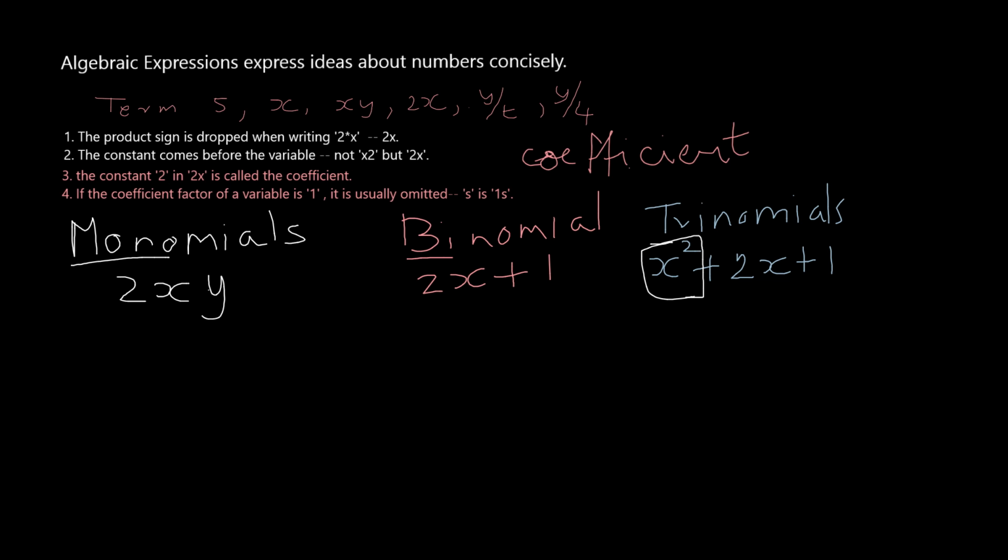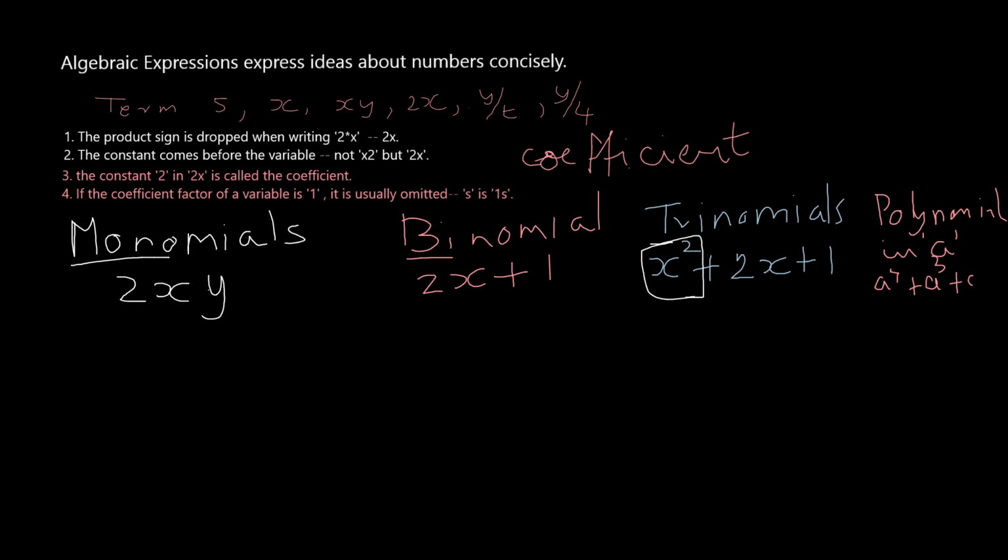And then we also have polynomials. Poly, as the name suggests, means more than one term. So all binomials and trinomials come under the family of polynomials. We generally mention this as a polynomial in a, with a as the variable, for example a to the 4 plus a cube plus a plus 1.